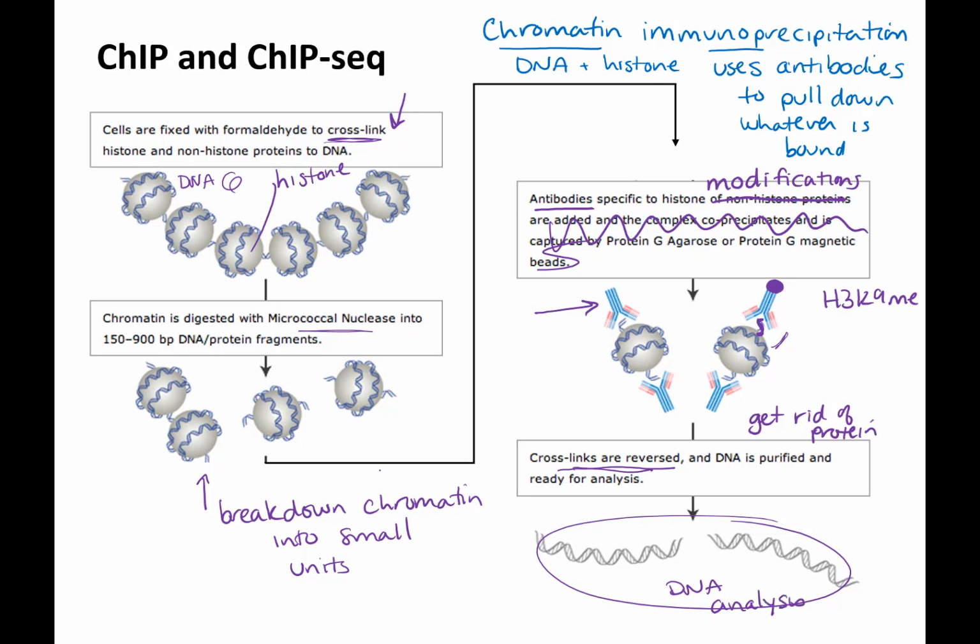There's a couple ways to do it. You can analyze the DNA by running blots, so that would be the ChIP, or you can add sequencing, so you can get the AGCT actual sequence that's interacted with that histone, and that's ChIP-seq. So they're basically the same thing, it's just what you're doing with the DNA.